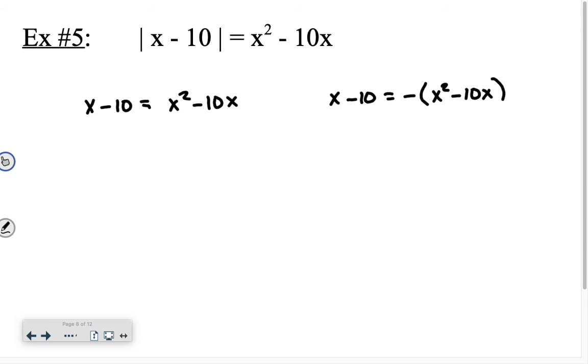And now we solve. So, in this first one, notice we've only got an x squared. I'm going to take everything from the left and move it over. So we've got x squared. If I subtract that, I get negative 11x. Add the 10 over, I get positive 10, equal to 0. And what do you know? We're right back to quadratic equations again, like we've been working on the last 2 days. This one, though, is pretty straightforward. This one's factorable.